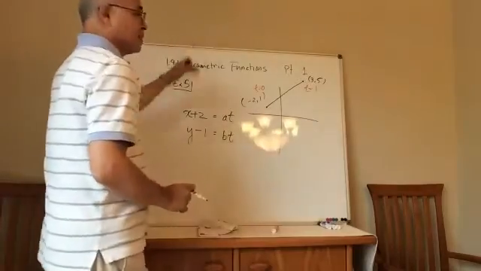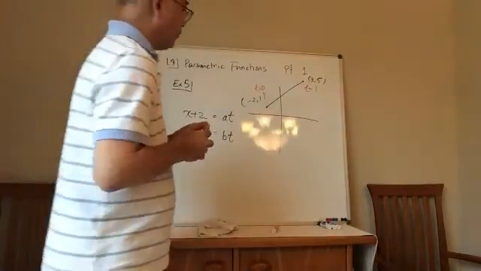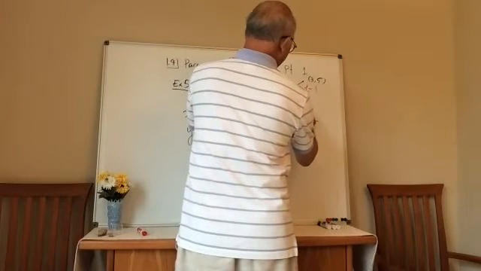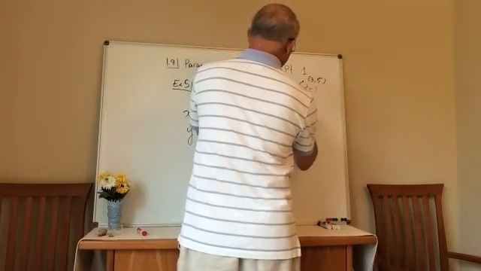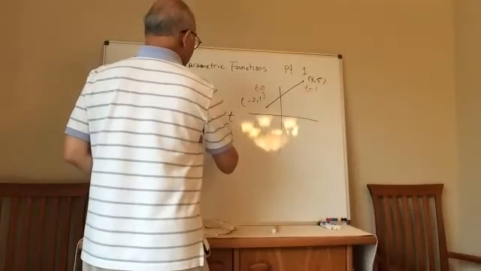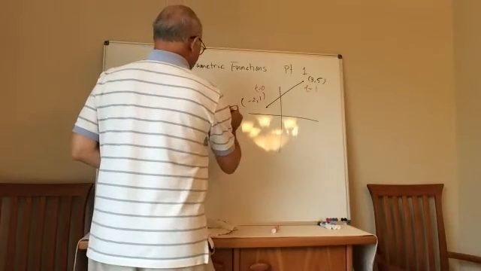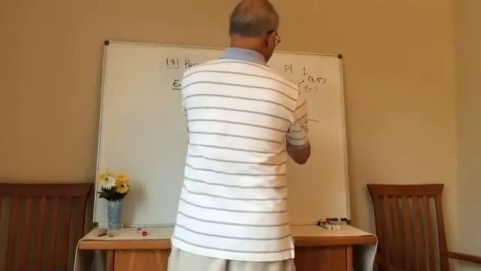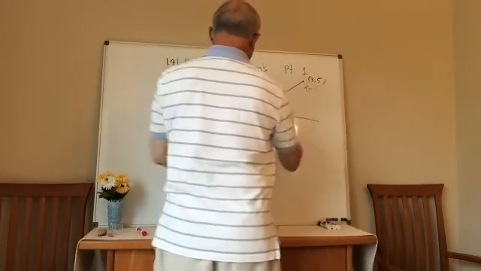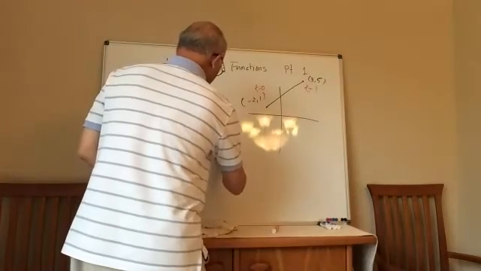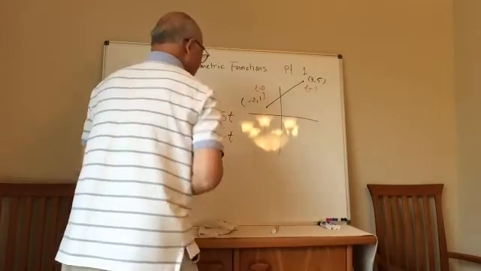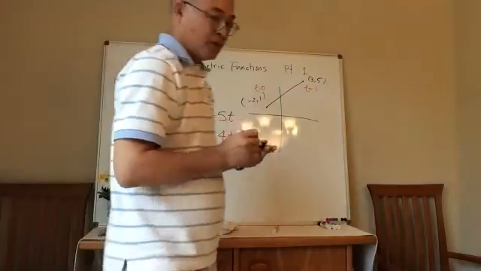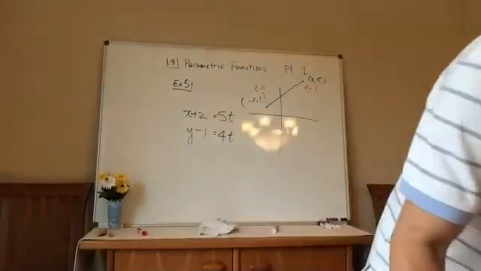In the x direction, I went from -2 to 3, so I moved 5. So this is going to be 5t. And in the y direction, I went from 1 up to 5, so I went up by 4. That's how I would work that.